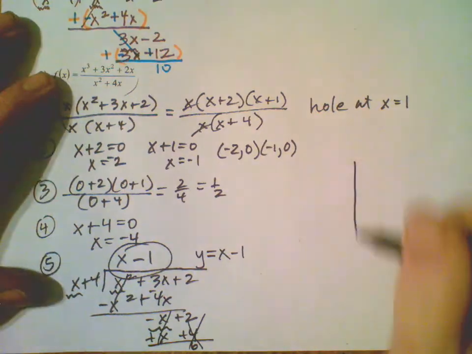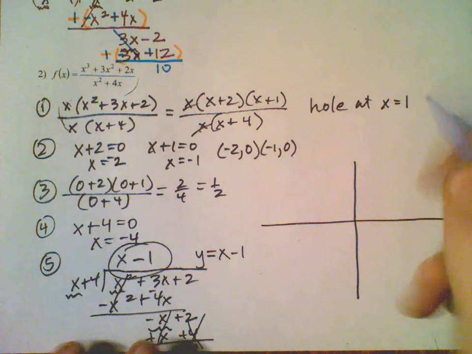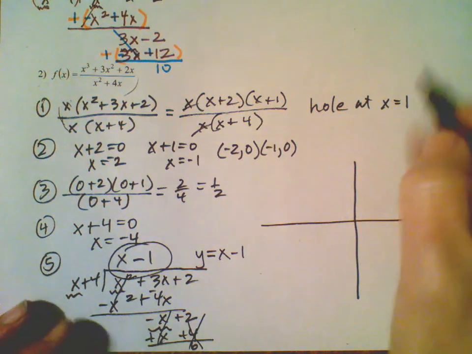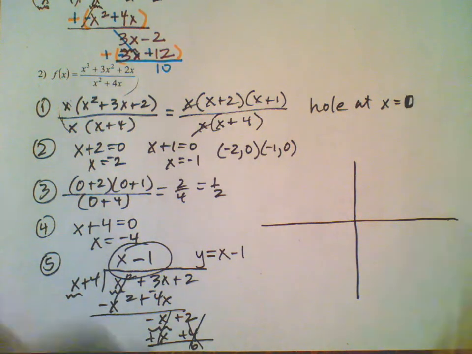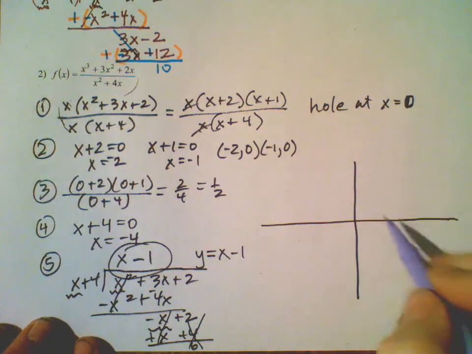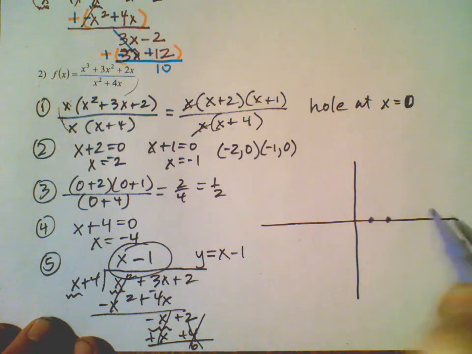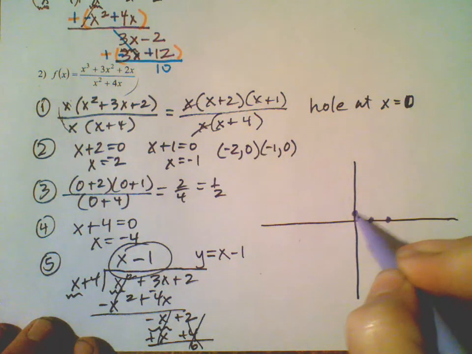So now I have everything that I need to put this graph together. I will start at the top and sketch my pieces in. Oh, I just realized I wrote this here, it's at x equals 0, sorry about that. So I'm going to go ahead and put on my x-intercepts at negative 1 and negative 2, my y-intercept at 1/2.